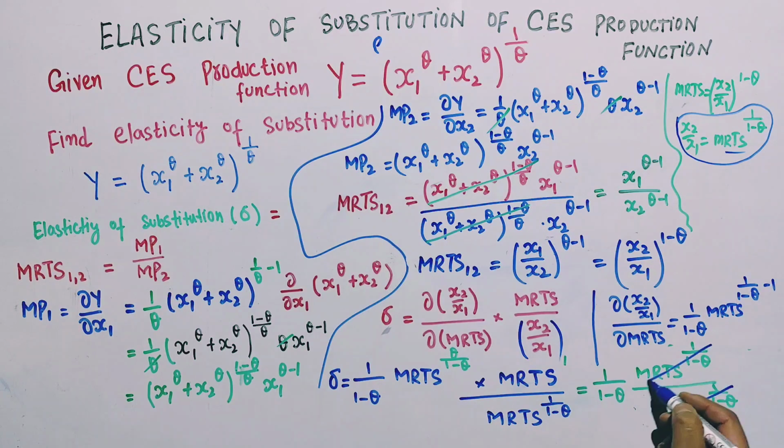These two terms get cancelled, and we get the elasticity of substitution equal to 1/(1 − θ), which is constant. It depends upon θ, which is the substitution parameter.